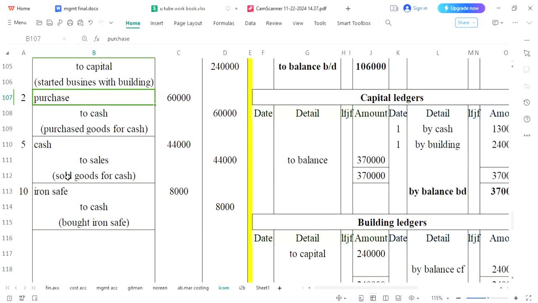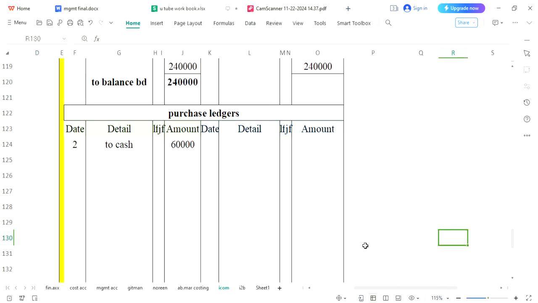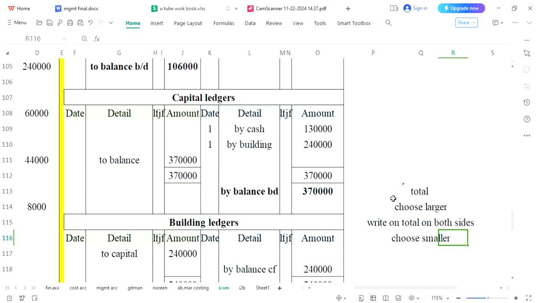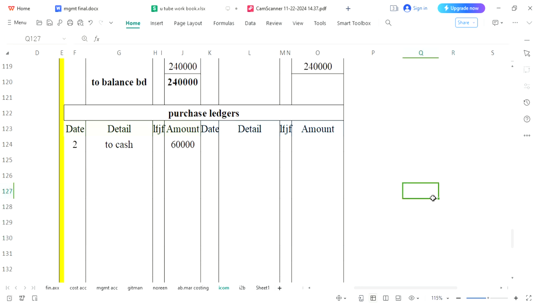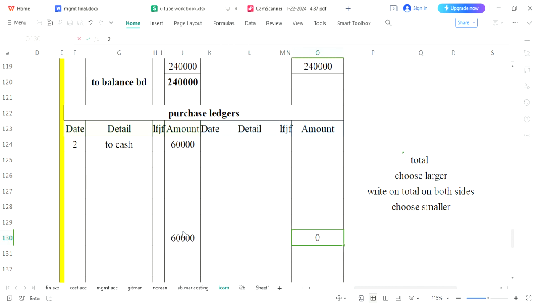It means now we are going to calculate the balance, and you can see that these were our rules and we are going to put them over here so that you can repeat. First step is to calculate the total. So 60,000 is the total of the debit side and the total of the credit side is 0. Why? Because there is no amount present over there.